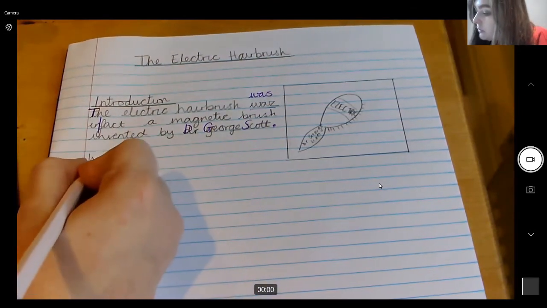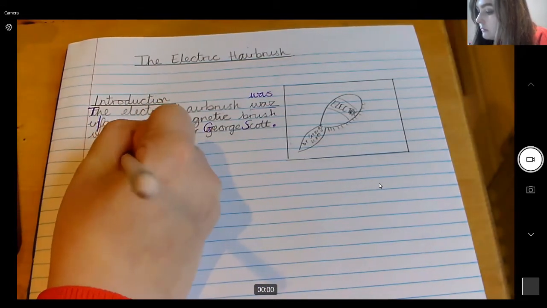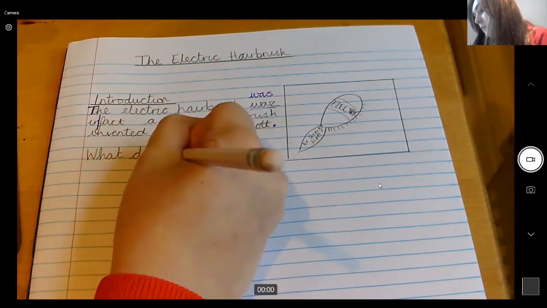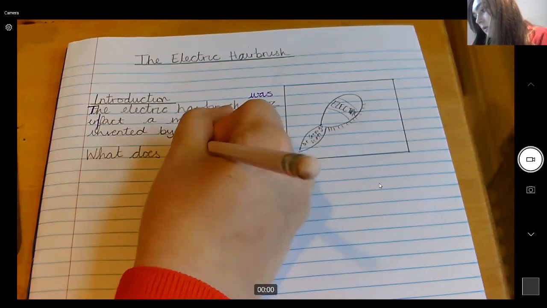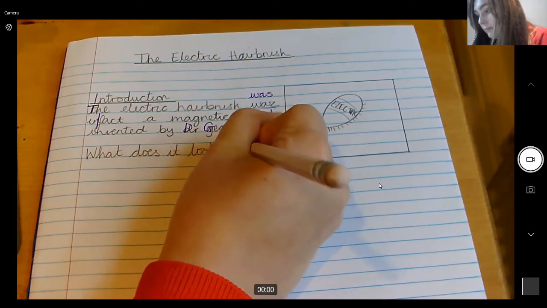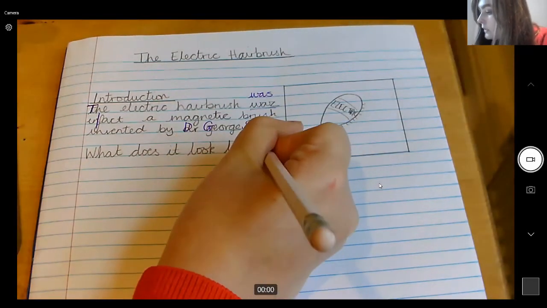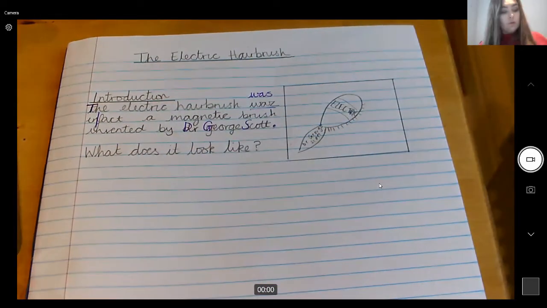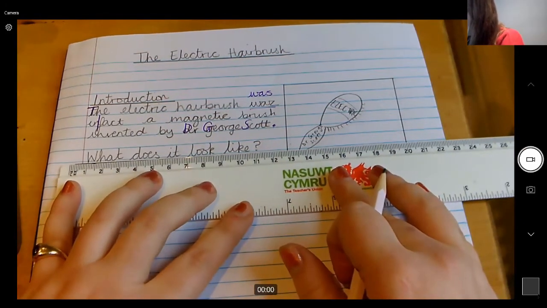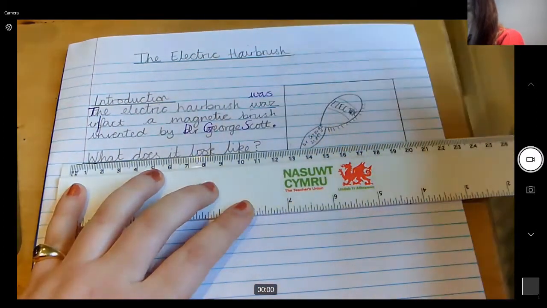So capital W, what does it look like? And because this is a question, it needs a question mark. Now also, because it's a subheading, I also need to underline it. Okay.